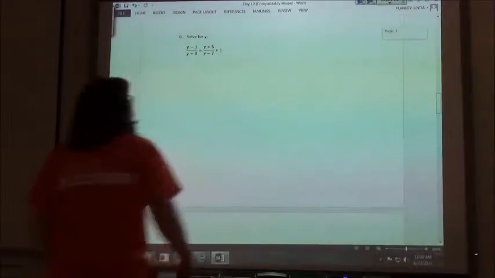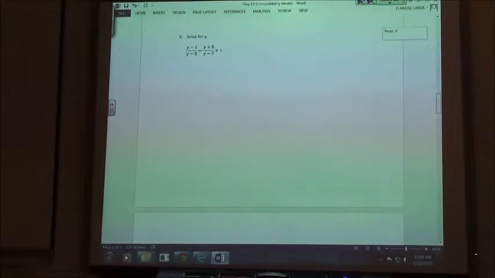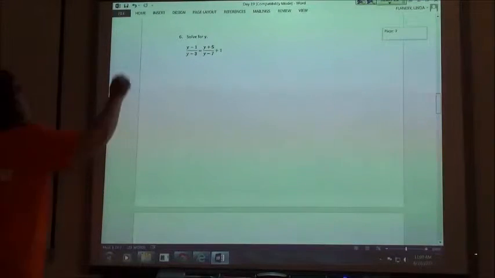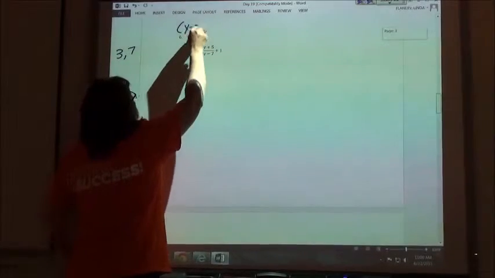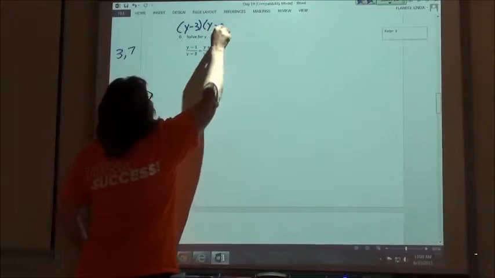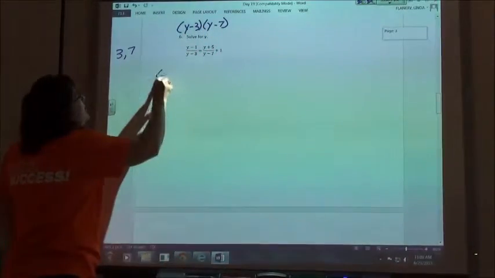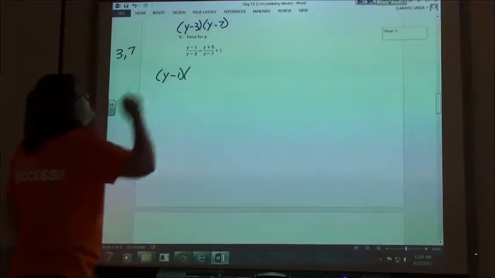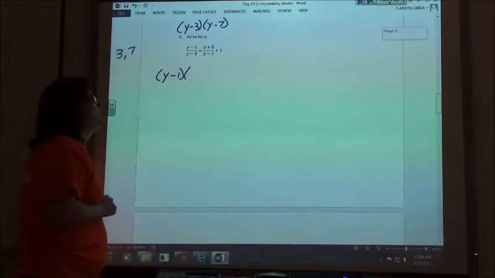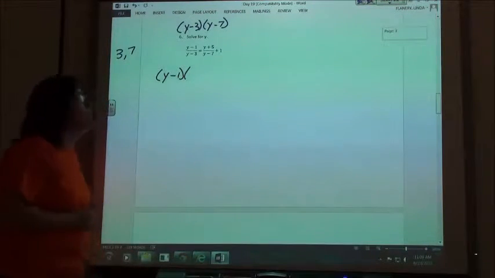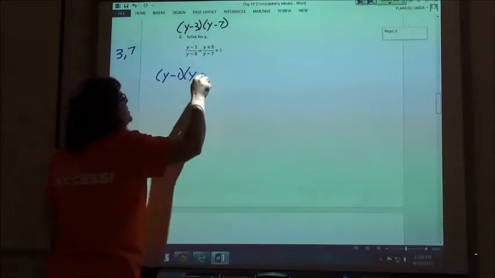So number 6, we're solving that one for y. First of all, if I pick out my restrictions would be 3 and 7. My common denominator, y minus 3 and y minus 7. So I'm going to take the y minus 1 times the y minus 7.